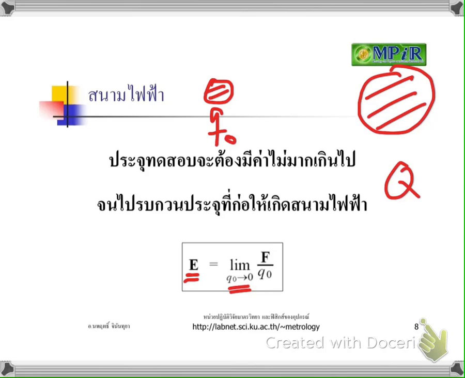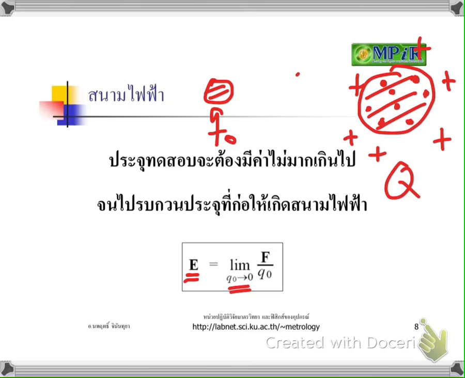The problem is that when we say that we have the charge on the second object, on this object, it means that we have a small charge distributed on this object. And once we put the test charge here, for example, if the charge on this object is positive, it's a positive charge distributed on this object.